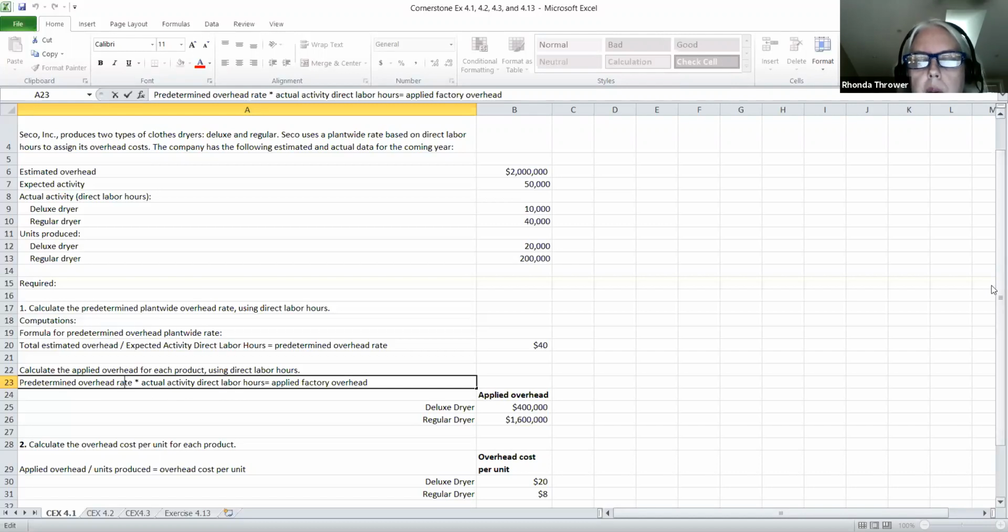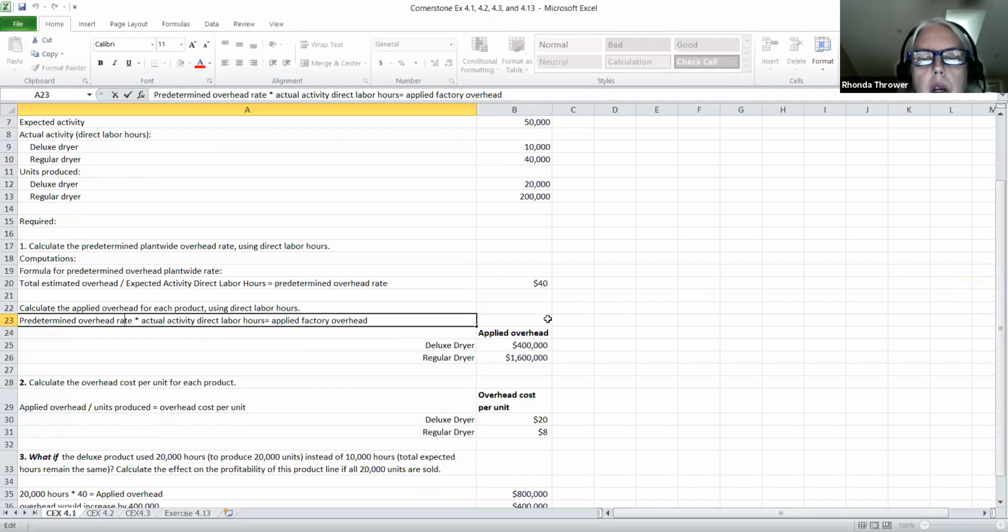Now in this problem, since we have two products, we're going to do an estimate of the applied factory overhead for both the deluxe dryer and the regular dryer.